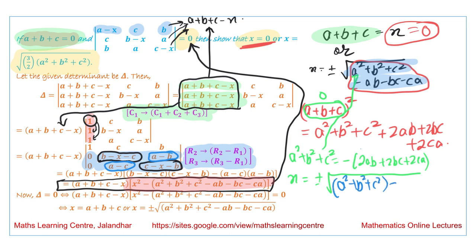Then it is plus 1 by 2 times a square plus b square plus c square. So the final answer we are getting is plus minus square root of 3 by 2 times a square plus b square plus c square. And this is what we have to prove.